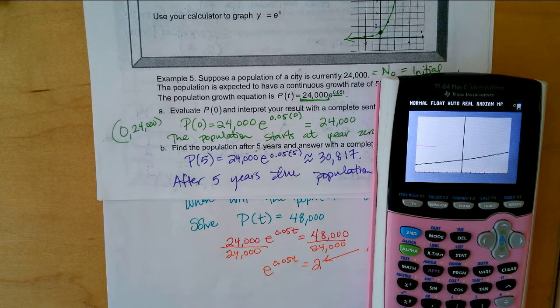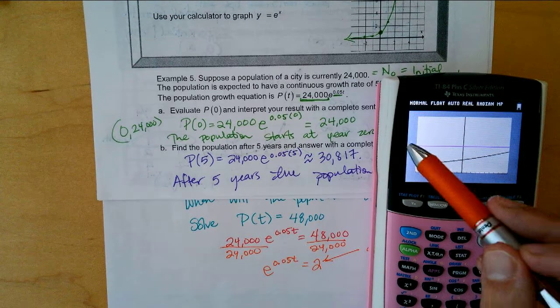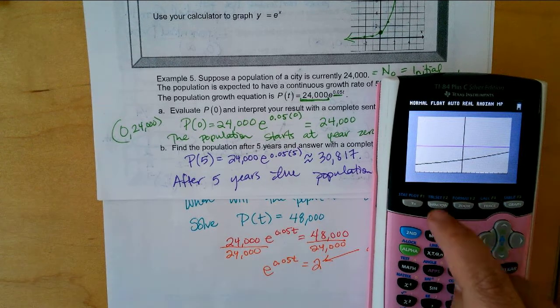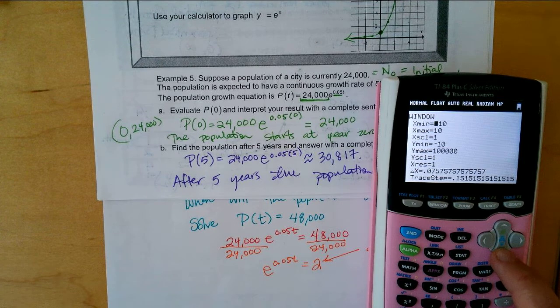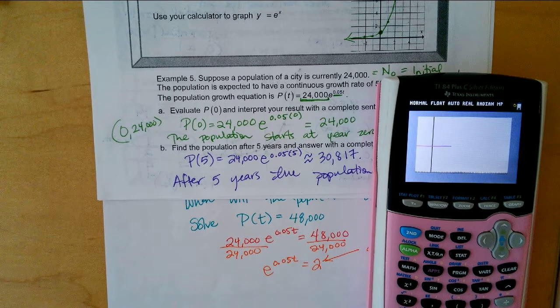So if I press graph, y equals 48,000, eventually these two graphs are going to touch. Well, I know it's going to happen beyond 10 years. Can you tell why I would have to go beyond 10? Because you see this is our exponential function reaching out and touching that line. So let's go back to our window and set our x maximum to 50. That's 50 years of exponential growth, okay?